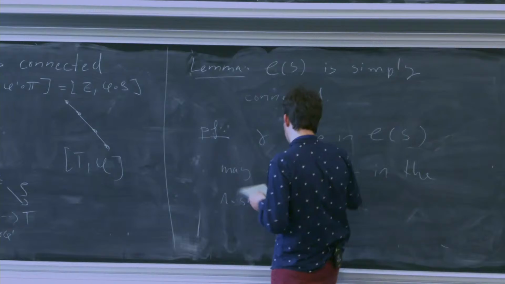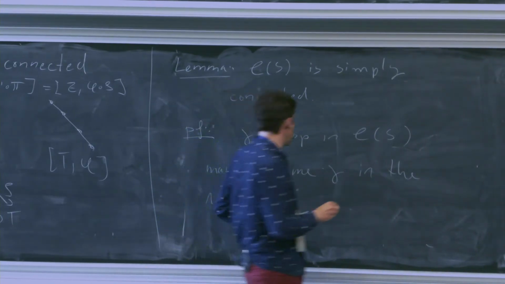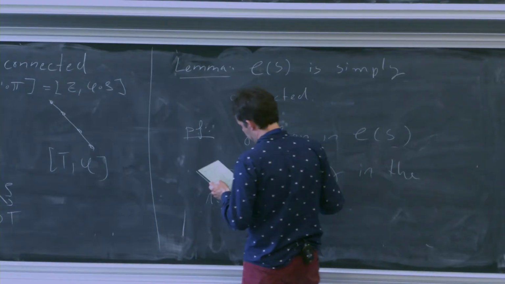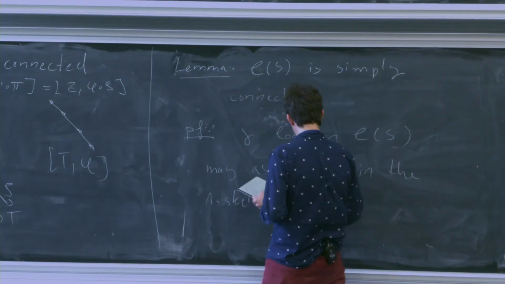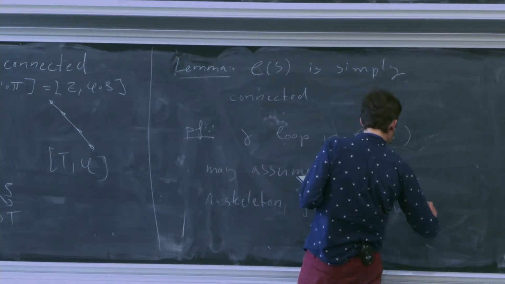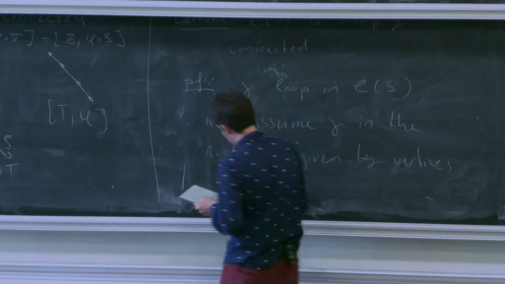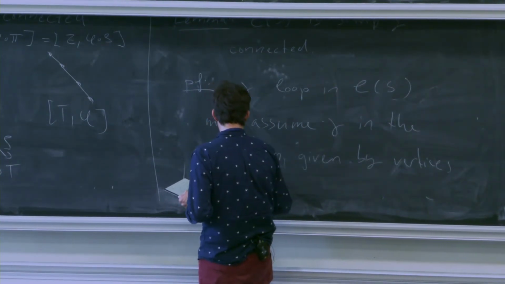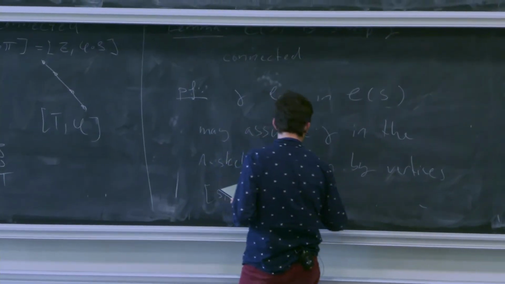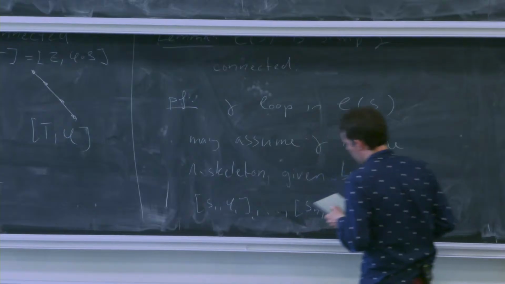So it's a loop in the one skeleton, and it passes through finitely many vertices. Let's call them S1, phi 1, up to Sn, phi n.